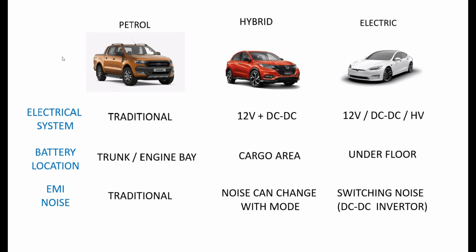So if you think about the traditional internal combustion engine, petrol car, or I think in the US you guys call it gas or diesel vehicles, a very traditional electrical system, we have a battery and an alternator, and it produces 12 volts, and not that complicated, right? And usually the battery is either in the trunk or in the engine bay. It's usually 80 to 120 amp hours or something like that.